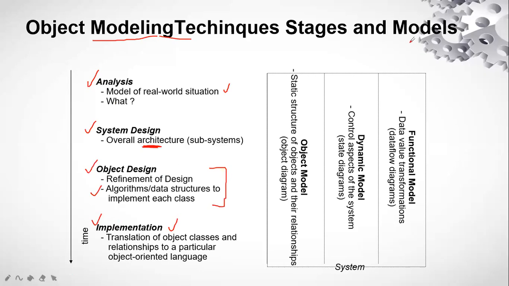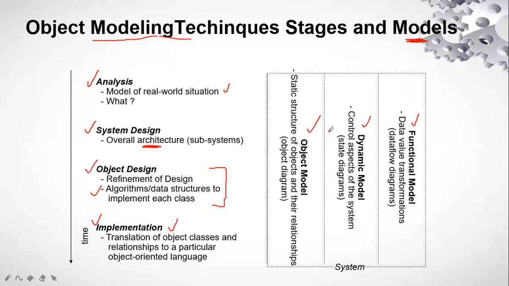Now we see that with time we move further from the analysis phase to the implementation phase. We have to figure out one more thing: we have three types of models which are to be defined here. These models are the functional model, the dynamic model, and the object model. If you remember, in the earlier lectures I told you that we have two broad categories of division in the UML diagrams. What were those? Those were the behavioral model and the structural model.